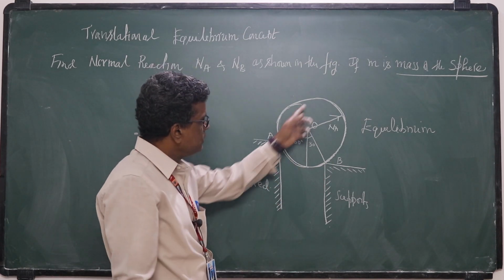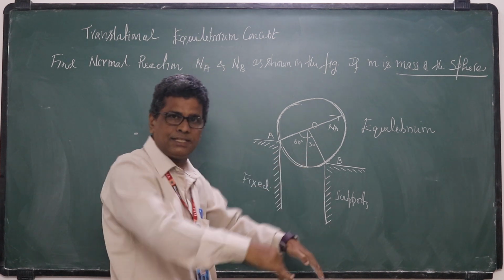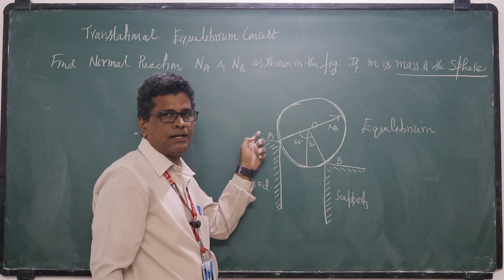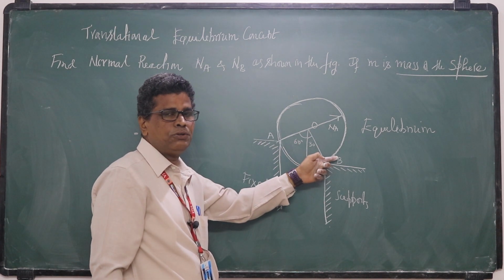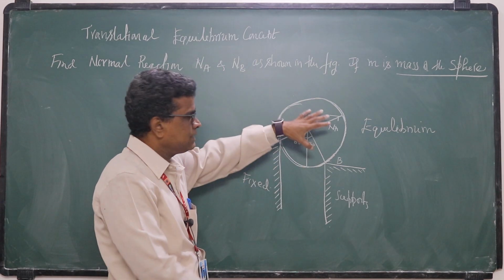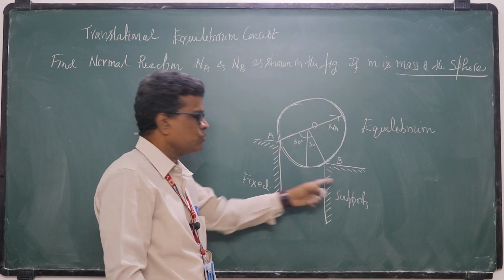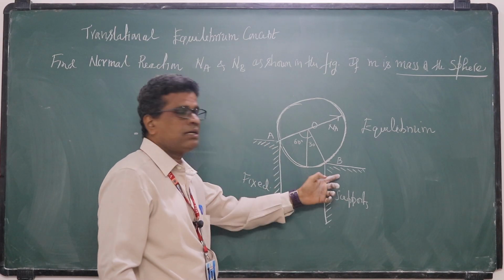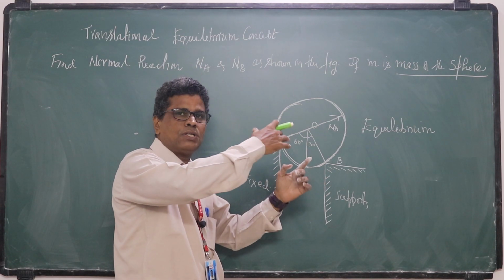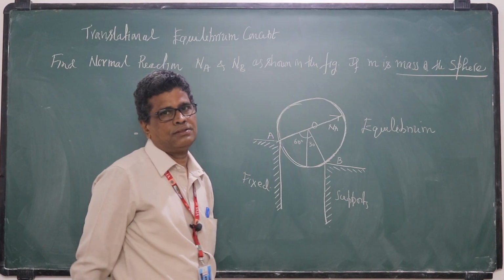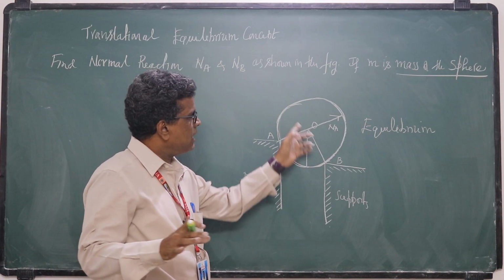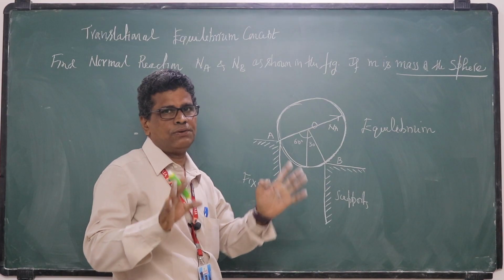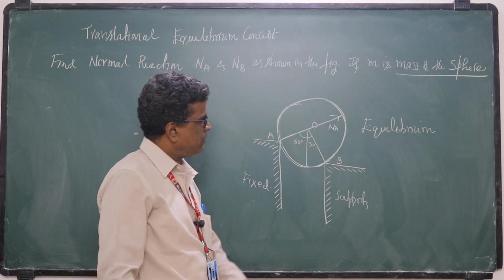So the sphere weight is exerted at B and A. According to Newton's third law, the sphere exerts force on these 2 supports A and B. In turn, these supports exert force on the sphere in the upward direction. The resultant force acting on this sphere should be 0. That is the concept of equilibrium.